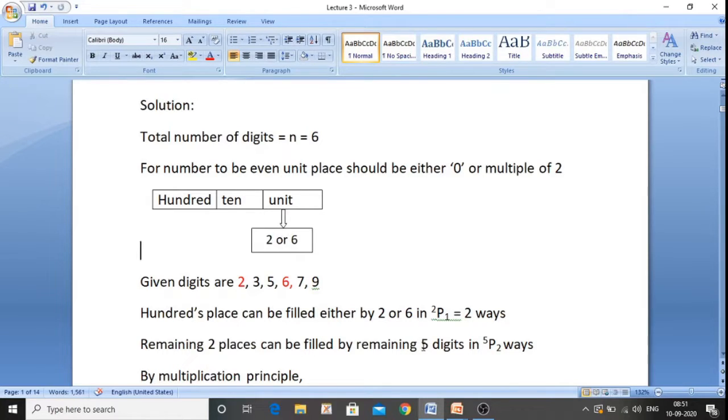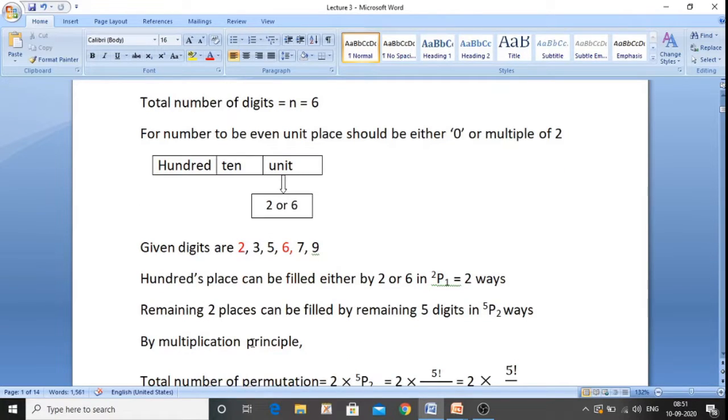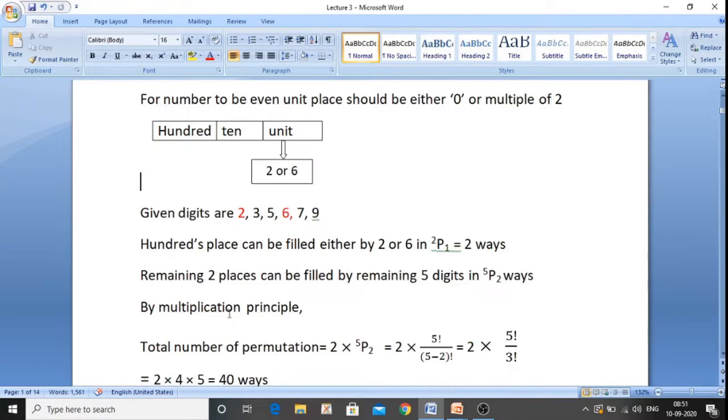So remaining will be 5 digits. So remaining 2 places can be filled by remaining 5 digits in 5P2 ways. And therefore we are using the multiplication principle because we want to fill the unit place and the other places. So by the multiplication principle, total number of permutations is equal to 2 into 5P2.